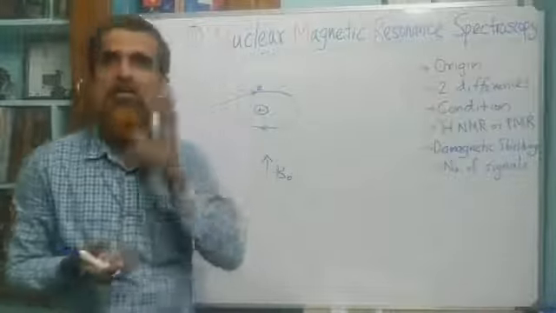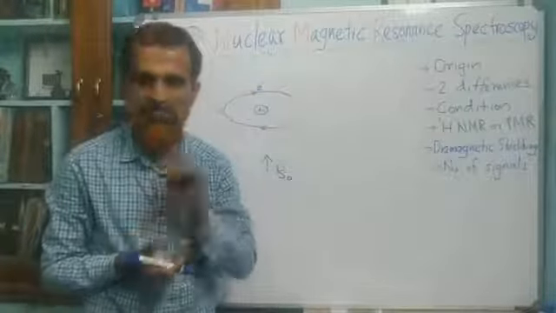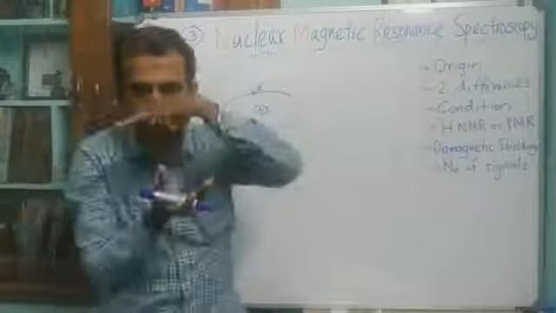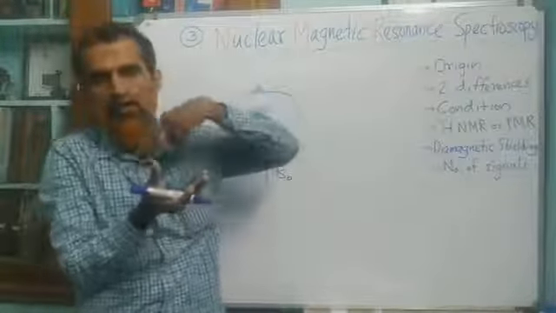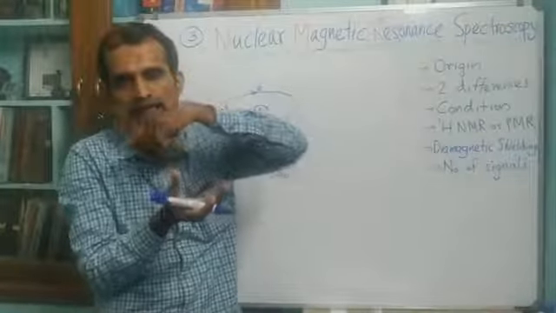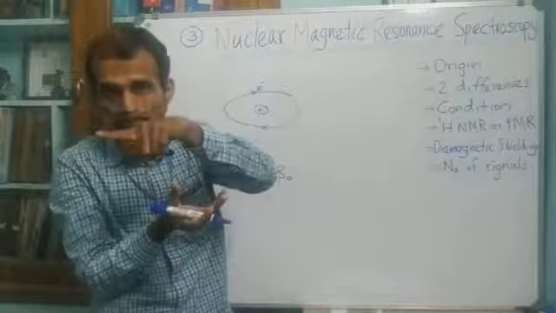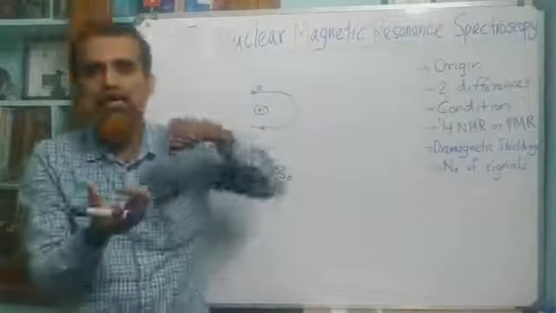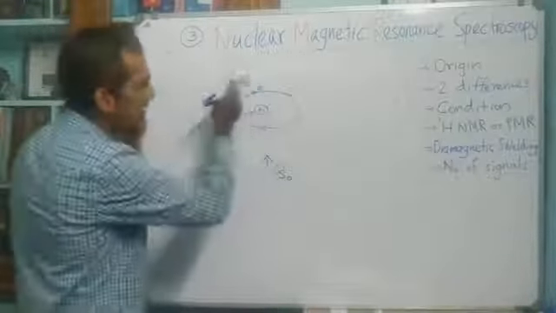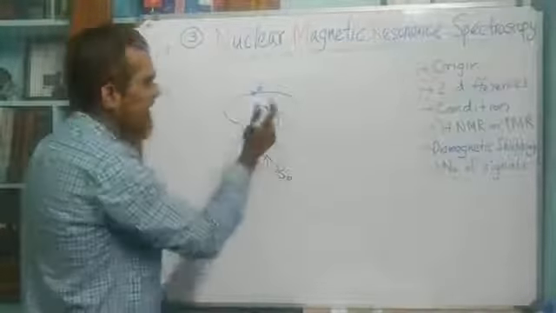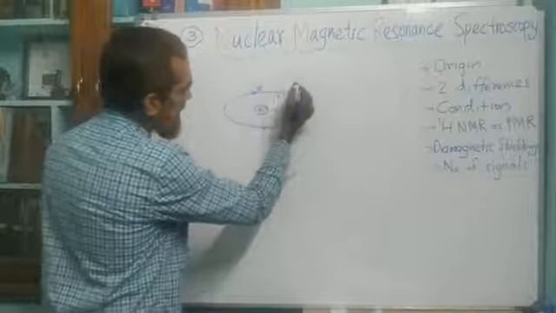You know that an electron is also magnetic because it's a charged particle. An electron moving in a circular fashion acts like a circular current loop, right? In physics you know that a circular current loop will have a magnetic field, so this electron will create a magnetic field generally in this direction.